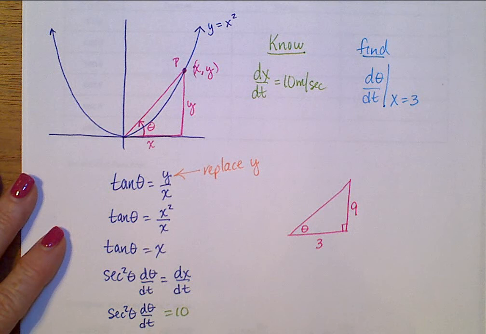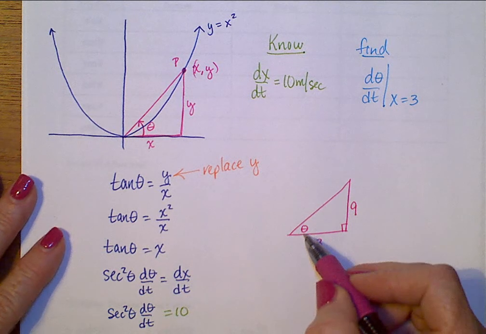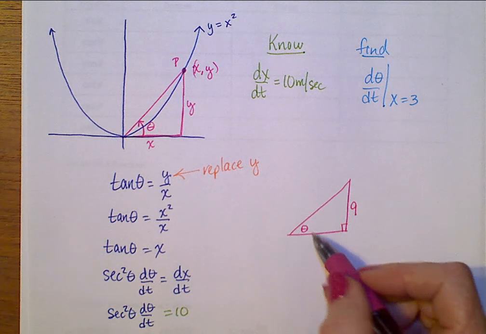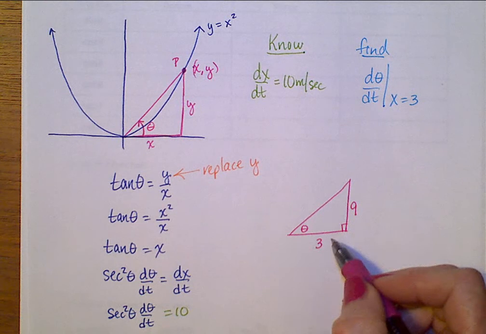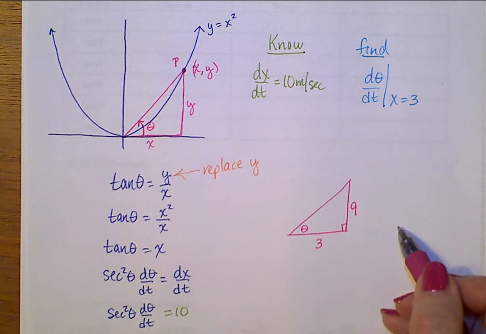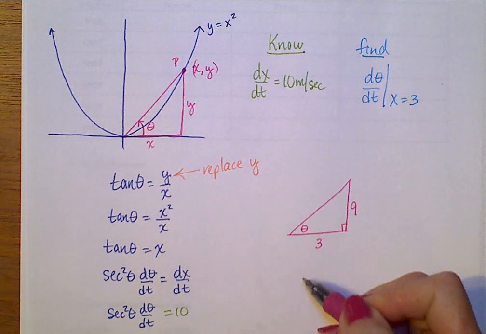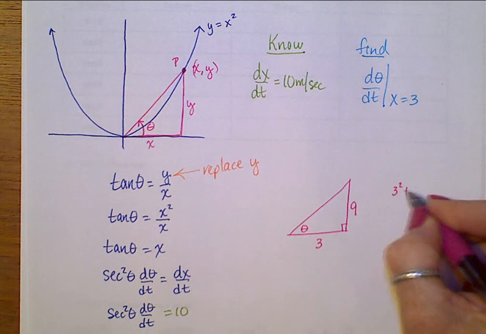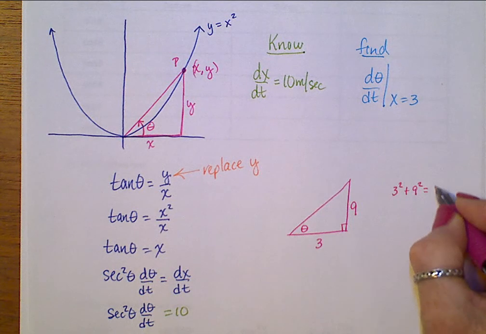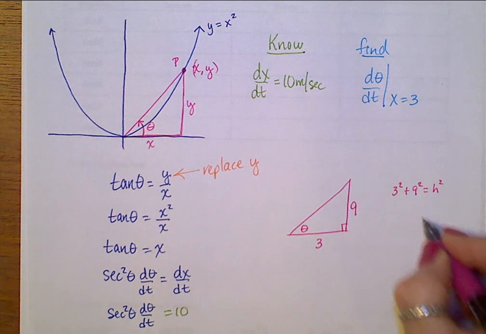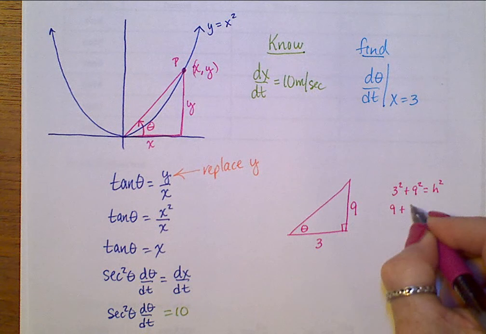All right, now you can use the calculator and inverse trigs to figure out what theta is, and then go back in and figure out what secant is. But it might be easier just to think about this triangle right here. You can find that hypotenuse from 3 squared plus 9 squared is that hypotenuse squared. 9 plus 81.